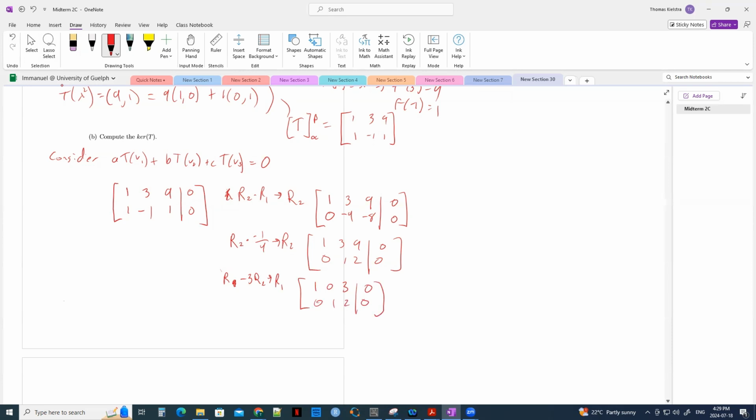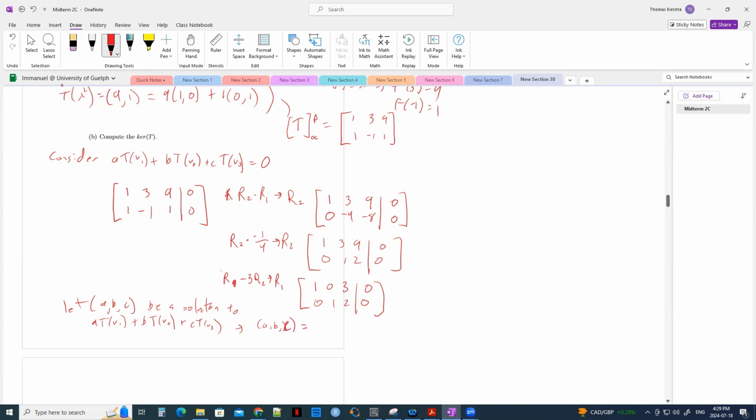And now let a, b, c be a solution to a T of v1 plus b T of v2 plus c T of v3 equals 0.